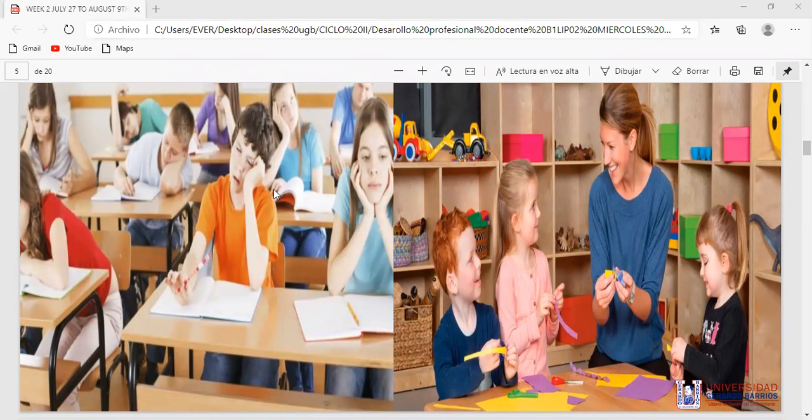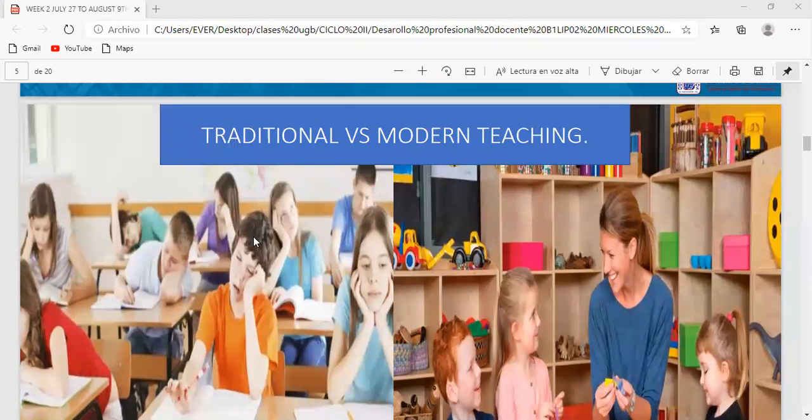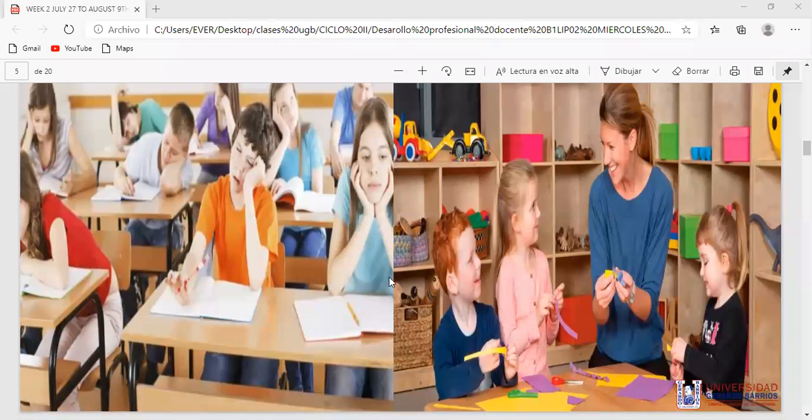Very good. Now, we can say thousands of things about these two images, right? In the first one, we see something traditional, common in public and also private education. Students go to classrooms and they just write down, listen to the teacher and don't participate.